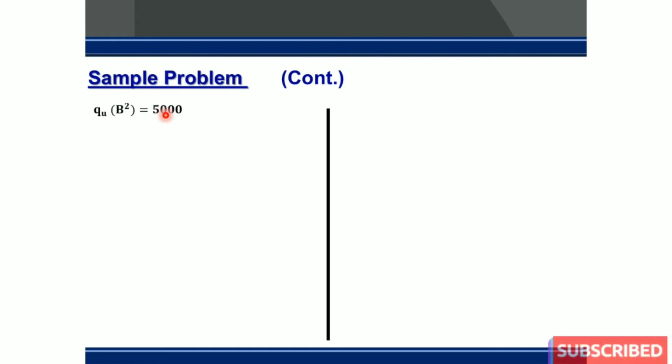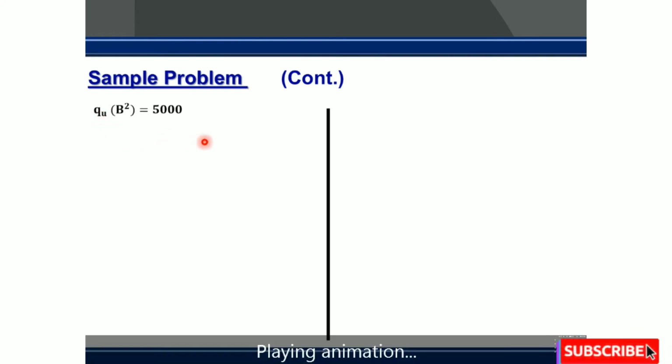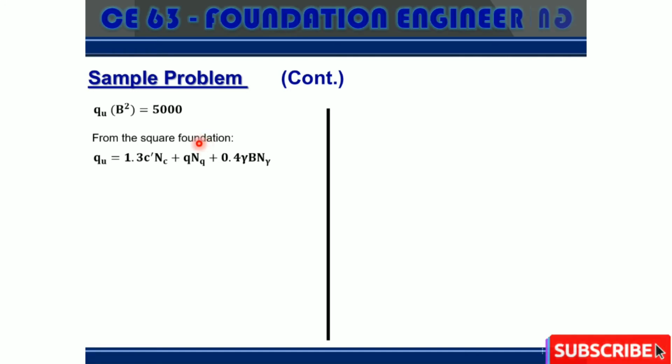Okay, so if you can remember the formula of getting this ultimate bearing capacity of the soil, denoted by this small q sub u, since it is a square foundation, we have now this formula.